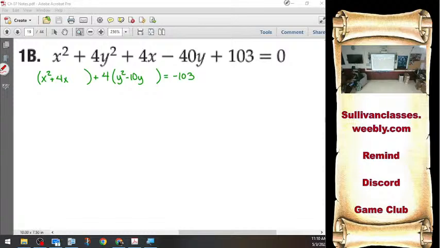X plus 2 squared. So whatever A or B, whichever one it is, squared. Group your X stuff, group your Y stuff, factor out A if you need to. Add B over 2 squared.